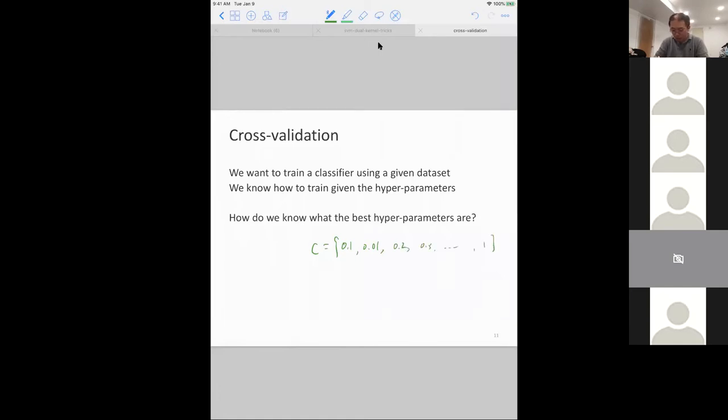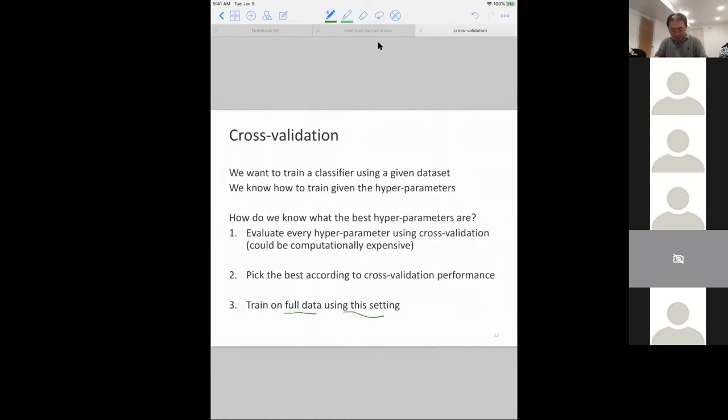Suppose you have 100 candidates. This cross-validation will apply to every candidate value. Then you pick the candidate that has the best performance. Does it make sense? Okay, great. So that's all about cross-validation.